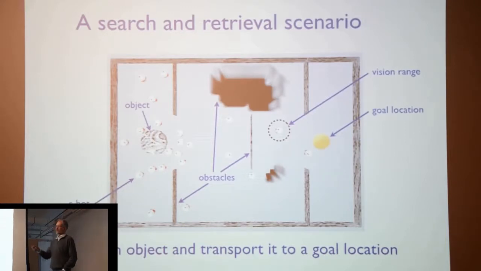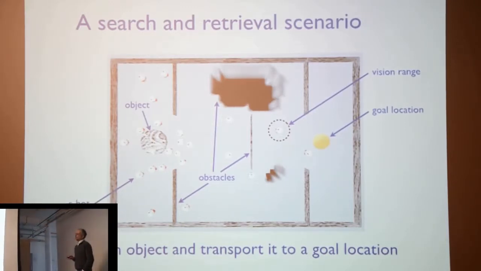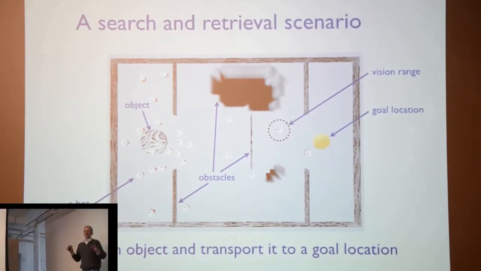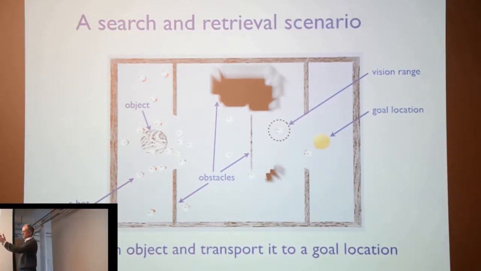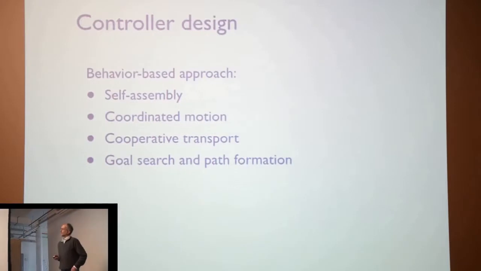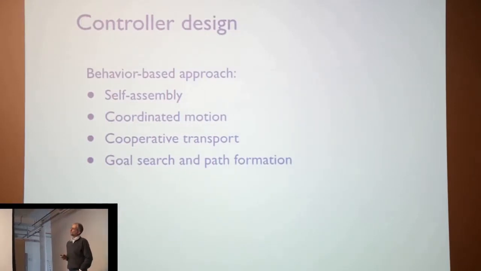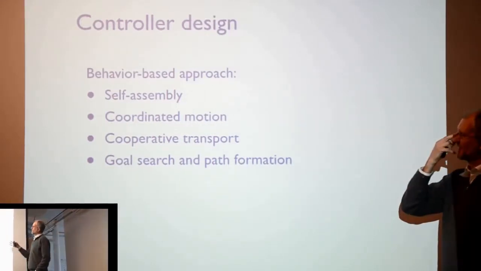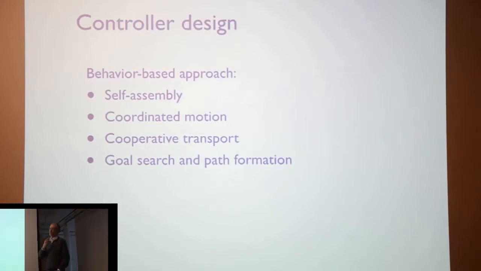So we have the robots, we have seen them in the video before, and now we need to write the controller, the software that controls the robots so that they can do this. To do so, we took what is known in robotics as the behavior-based approach.